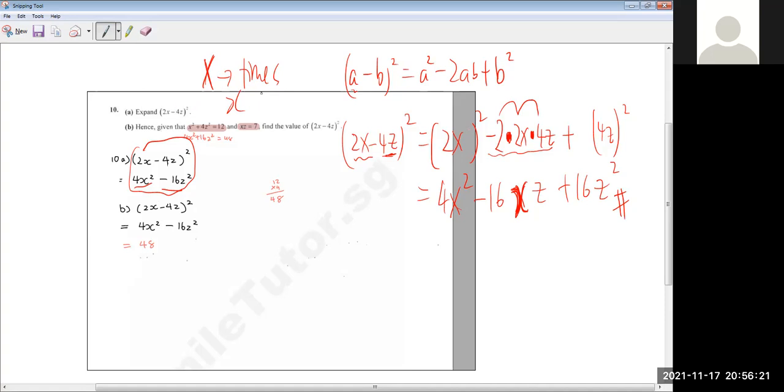Then after that, it says, given that this is equal to 12. So can you see x squared plus 4x squared is 12? So x squared plus 4x squared is 12. So this means 5x squared is equal to 12.